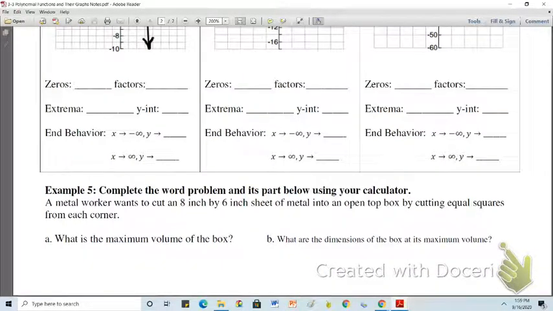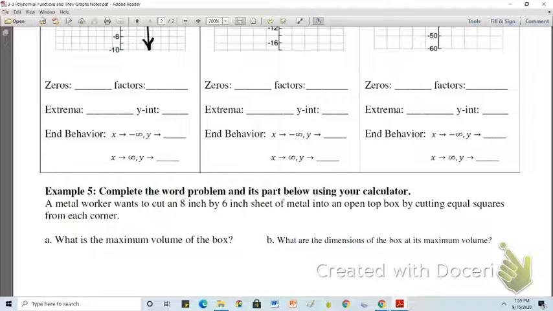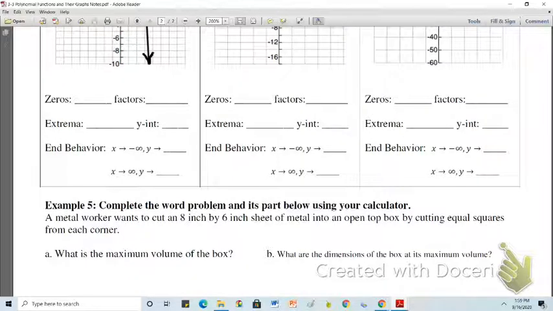So if I look at example 5, it says a metal worker wants to cut an 8-inch by 6-inch sheet of metal. So I'm going to draw this out. My picture is going to be just a quick picture. It's not necessarily to scale.